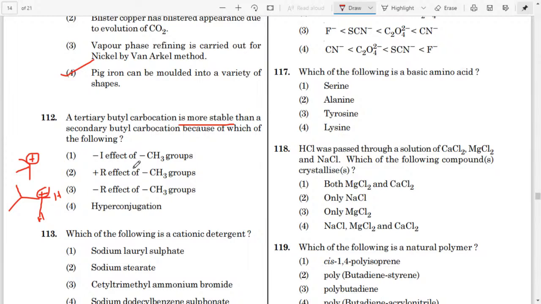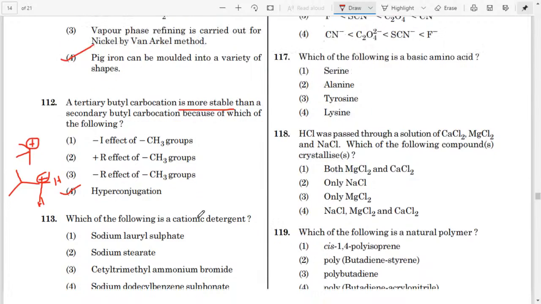Here there is no minus I or plus I question, students. It is hyperconjugation, because here the positive charge is going to be shared by 9 hydrogens, 3, 3, 3. Whereas the secondary butyl carbocation has only 1 hydrogen on one side and 2 hydrogens on the other, only 3 hydrogens. So that is why tertiary butyl carbocation is more stable because of hyperconjugation.